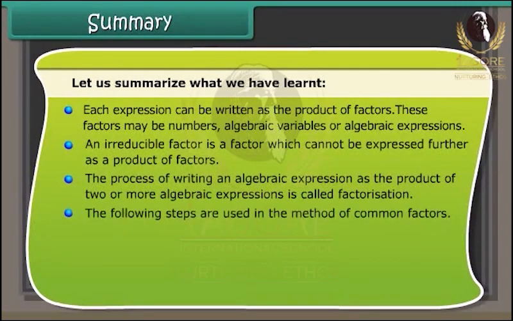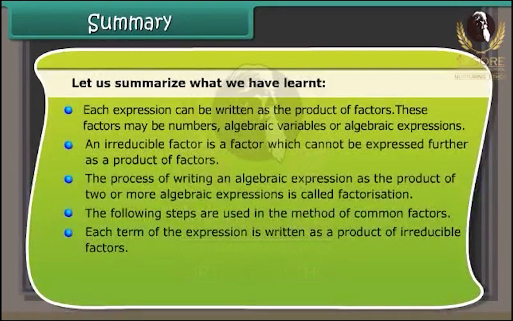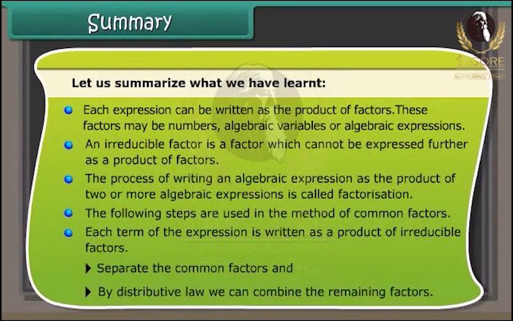The following steps are used in the method of common factors. Each term of the expression is written as a product of irreducible factors. Separate the common factors, and by distributive law we can combine the remaining factors.